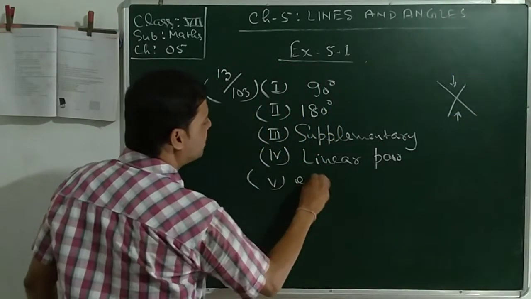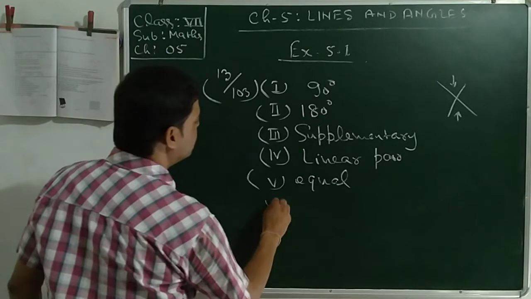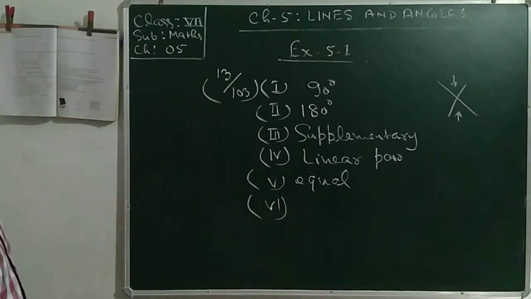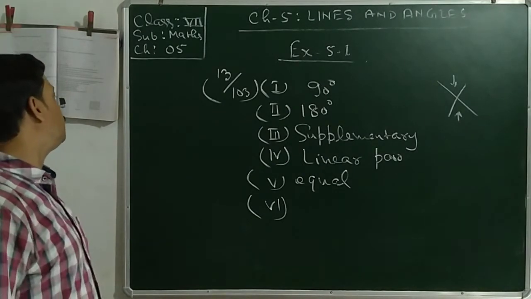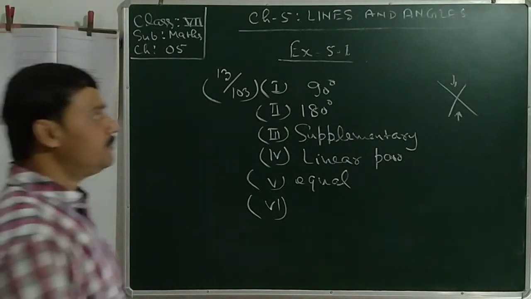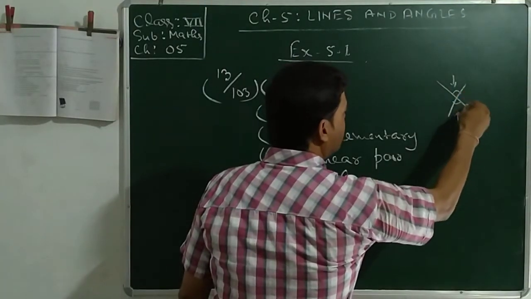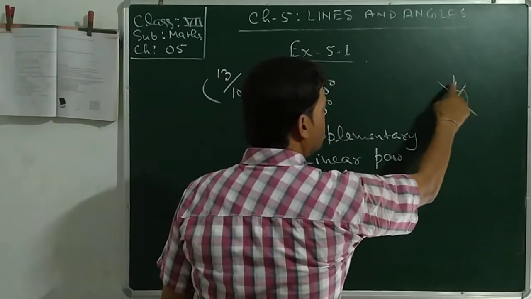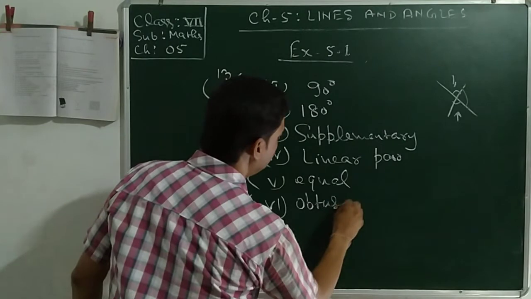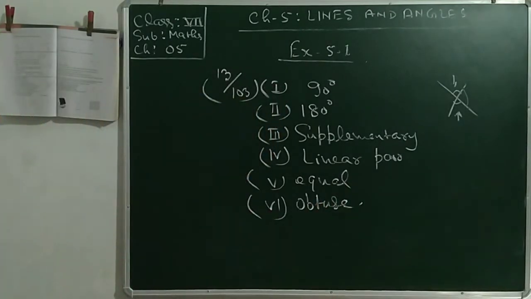So we will write here equal. And the sixth one is, if two lines intersect at a point and one pair of vertically opposite angles are acute angles, then of course the other pairs will be obtuse because they form a linear pair. So you will write here obtuse.